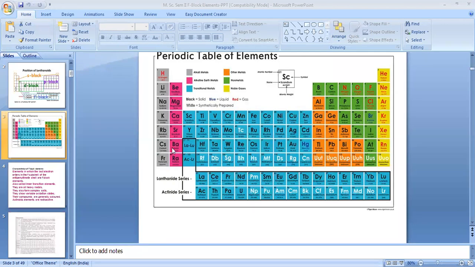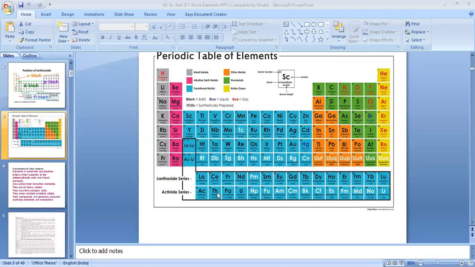For lanthanides, it is sixth period, third B group. For actinides, seventh period, third B group. So here our series starts: francium atom number 87, radium 88, and after radium, actinium, atom number 89, and this series ends with lawrencium, atom number 103.